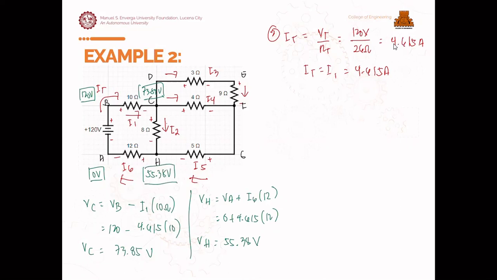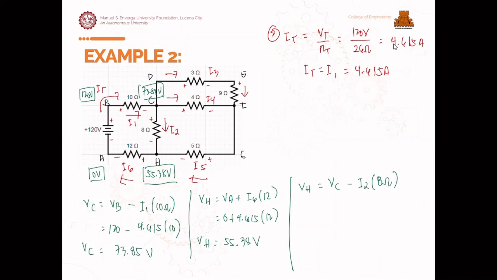Now we have C and we have H, so we can get the voltage drop here, since we have the voltage values. If we want to get from C to D, we go towards negative, so this will be the answer. Let's write it: from H, this will be VC minus I2 times 8 ohms.